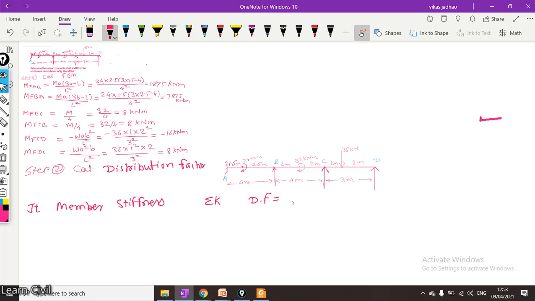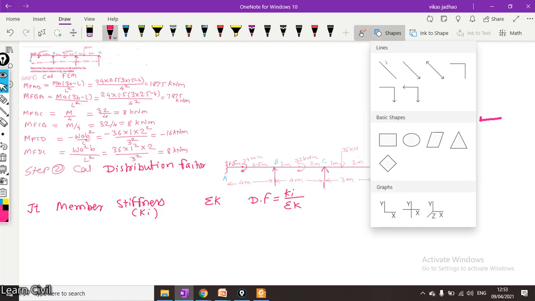This distribution factor is equal to k i divided by summation k. This stiffness will be k i. Draw a table like this.